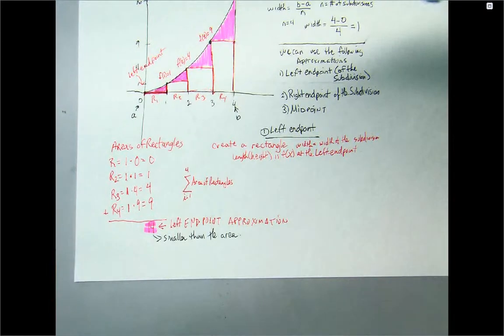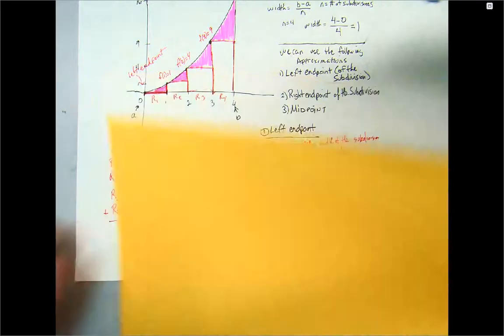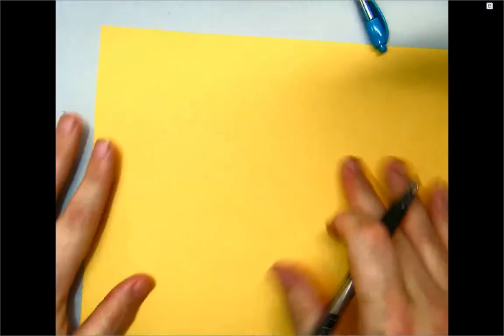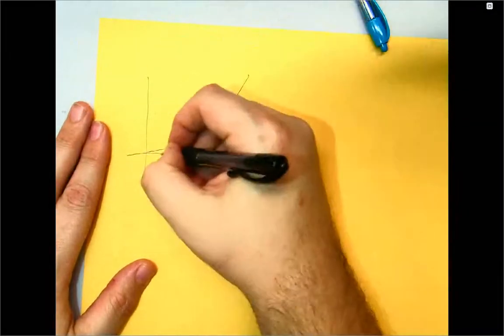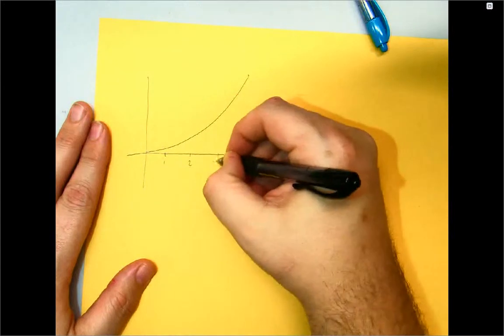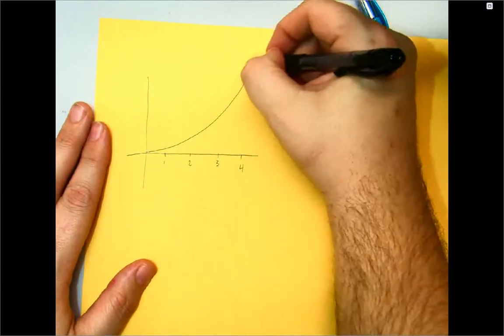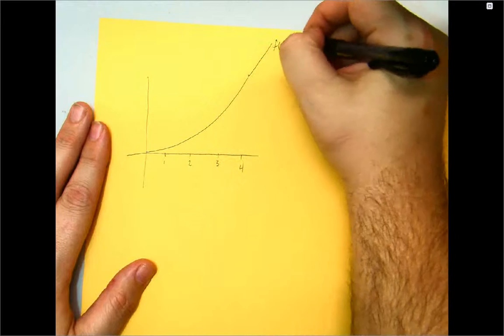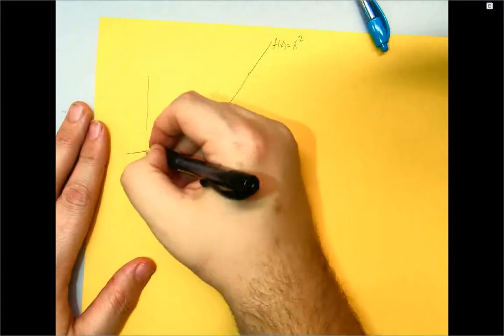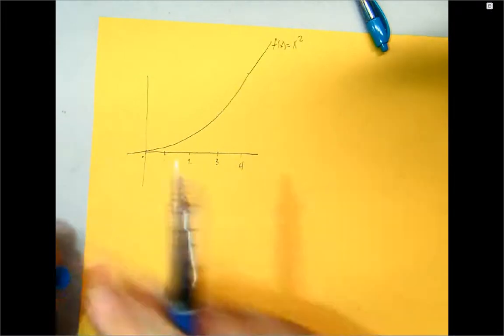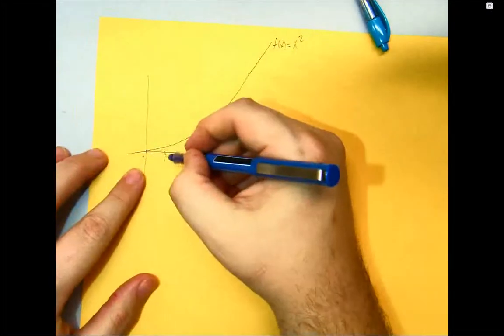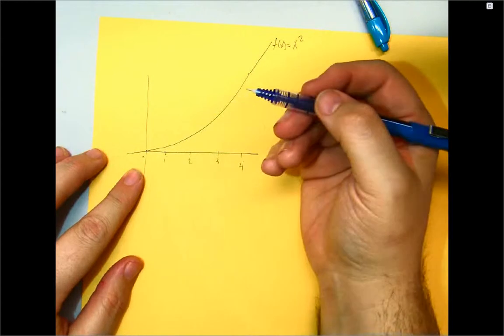All right, now let's look at the right endpoint approximation. So we're going to do the same thing. We know f of x is equal to x squared. Now for the right endpoint, I'll use blue this time. From 0 to 1, what is the right endpoint? 1.